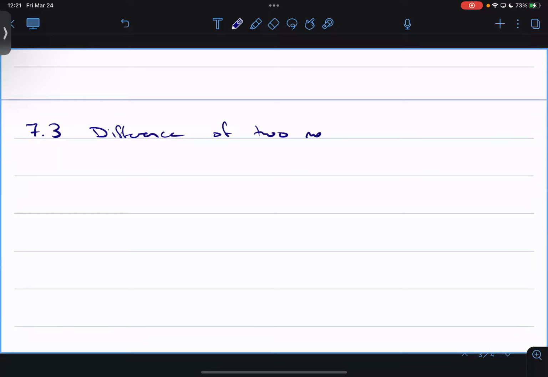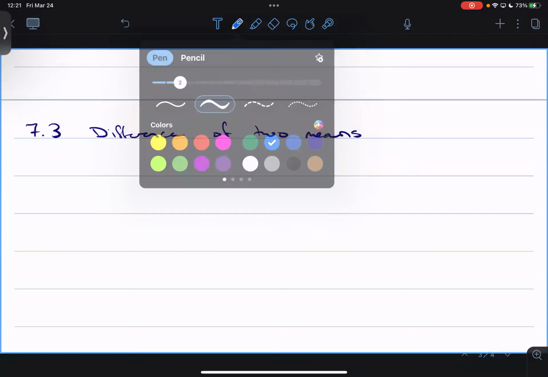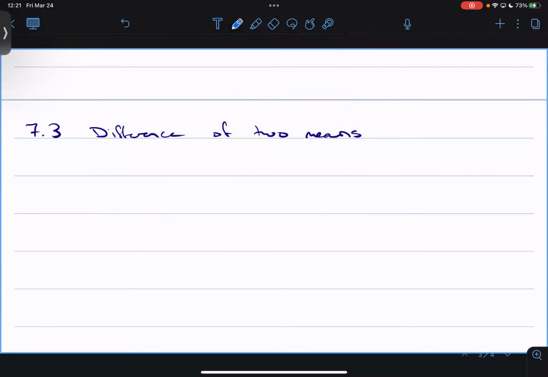Difference of 2 means. I usually call it 2 independent sample means.